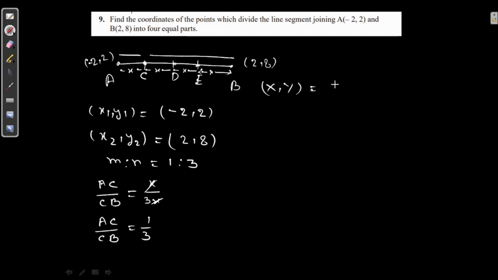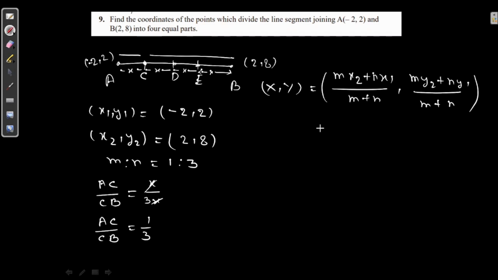(X, Y) = ((m·x2 + n·x1)/(m + n), (m·y2 + n·y1)/(m + n)). Now what is the value of m? It is 1 into the value of x2. Before the comma, x2 is 2, so 1 into 2 plus n.